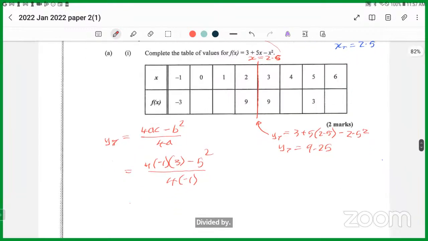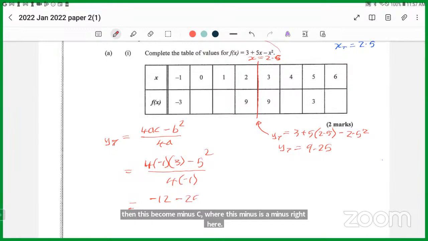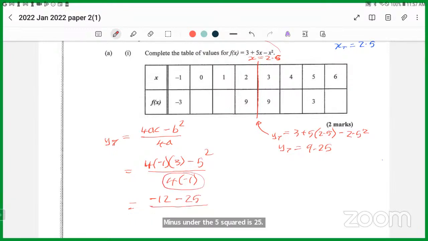If we work this down, this is going to become -12, because 4 times -1 is -4, -4 times 3 is -12. And then this minus stays a minus right here. Minus, and then the 5 squared is 25. You're dividing that now by this negative 4.